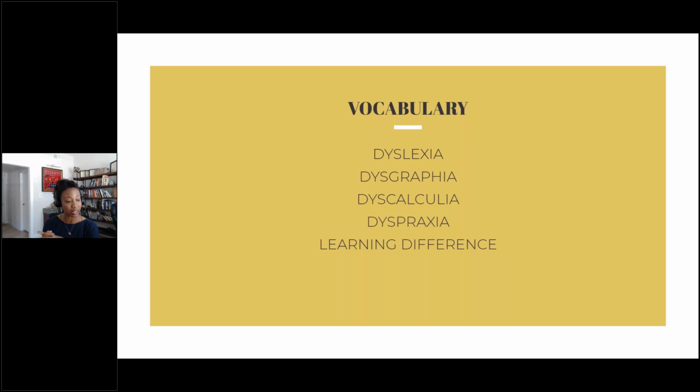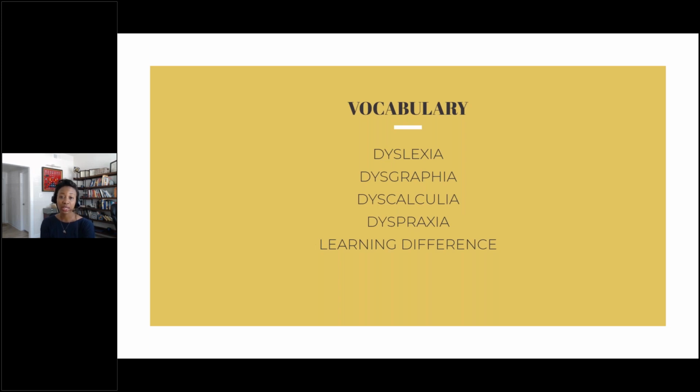And dyspraxia, which focuses on the difficulties of coordination of movement, maybe writing with the hands and just difficulties with coordination. While the term disability has been used, while the term disorder has been used, most recently they focused on it being a learning difference.